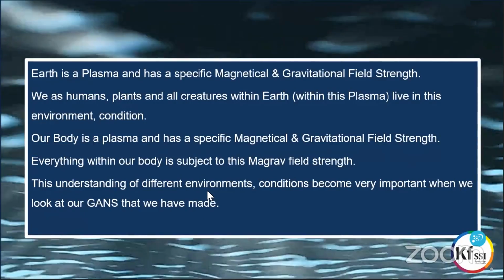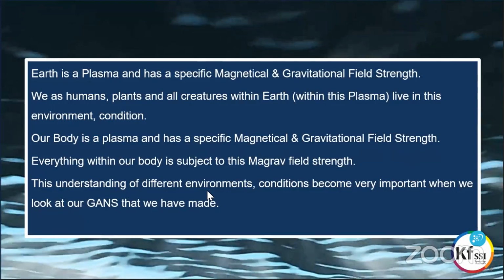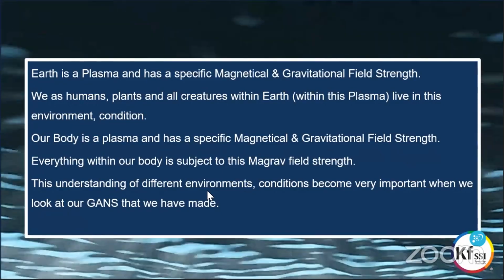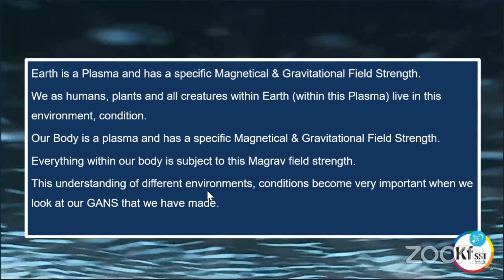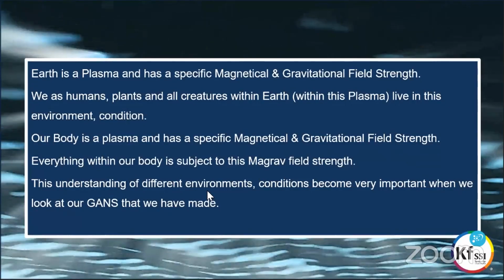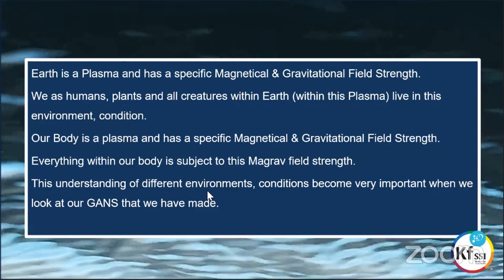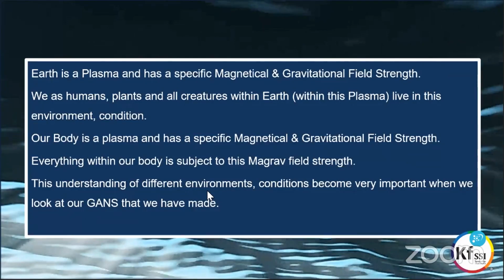We also know that our body is a plasma and has a specific magnetic gravitational field strength, and everything within our body is subject to this magnetic field strength. Our little cells, our little organs, are all operating within our body. So this understanding of different environments and conditions becomes very important when we look at the different devices that we've made and how we actually use them.